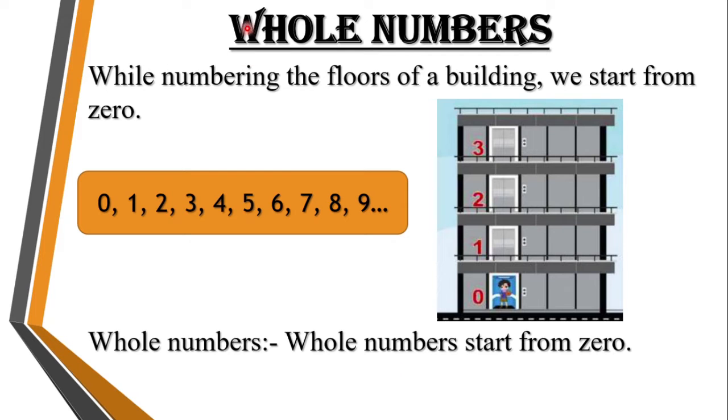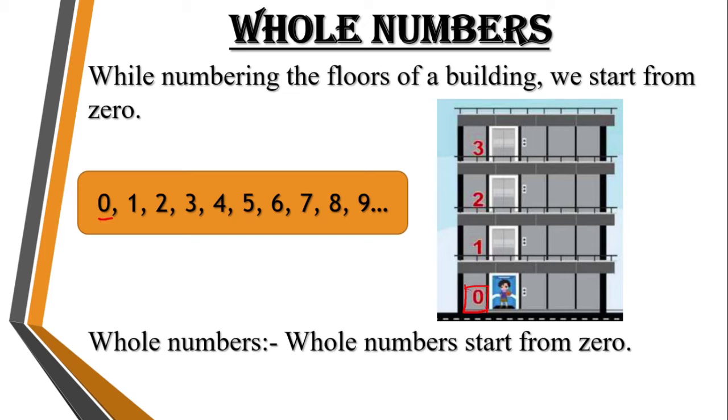Now let's learn whole numbers. While counting, we start from 1. But while numbering the floors of a building, we start from 0. And this 0 floor, we don't say it as 0 floor.